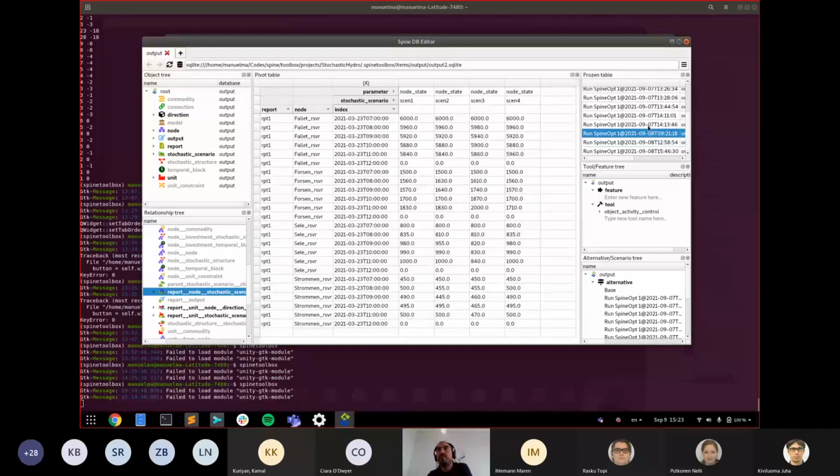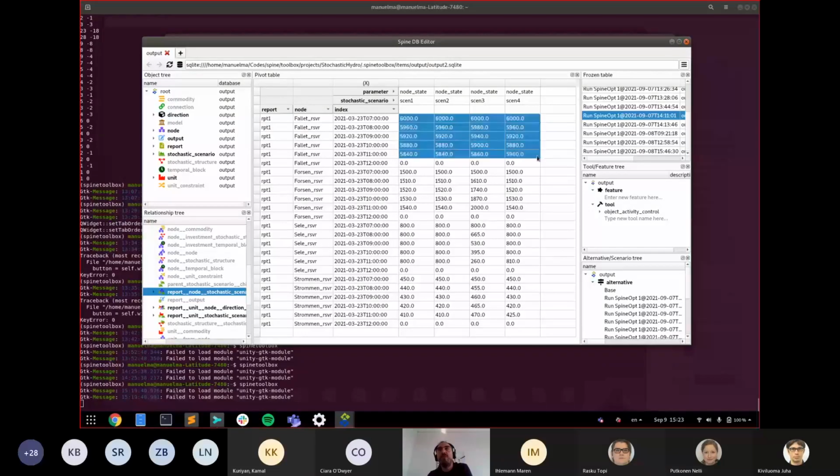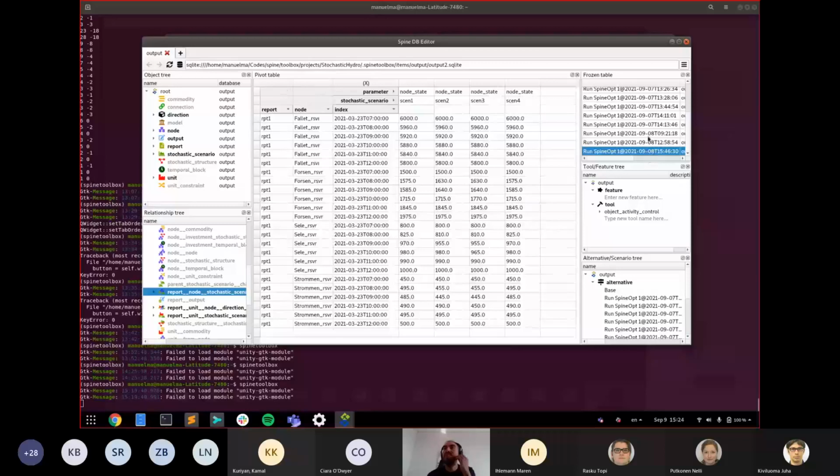Unfortunately, what I'm doing here is just running the same system over and over for some reason, so I don't see any difference in the result. But of course, if between runs I change my input data, I will see the differences in the results as well. And this is why it is interesting, because I can quickly compare different runs. Maybe we can show you an example later.